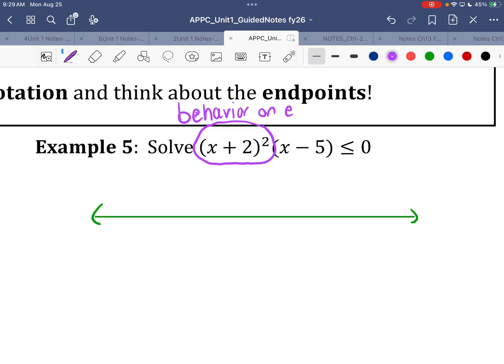What's the sign saying? We want this side to be smaller than 0. So smaller than 0 is negative.